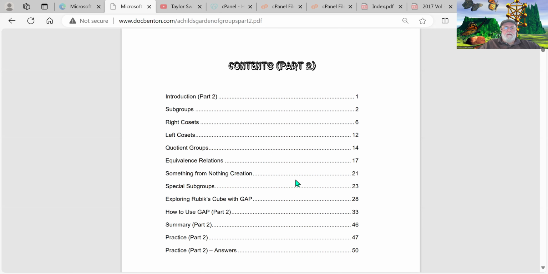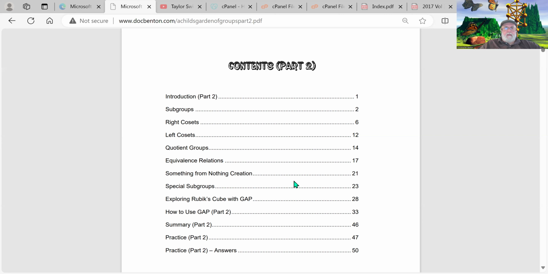Two become one to create something new in essence. And this is how we as human beings engage in something from nothing creation. When the two become one, that's like a big aha moment, which just bursts onto the scene out of nowhere. So it's like something from nothing creation. And it's what humans do all the time.